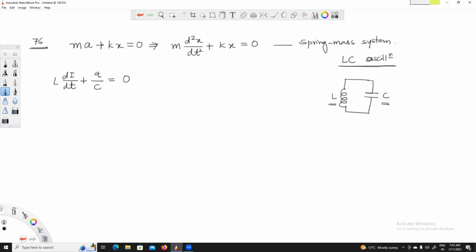Now if I differentiate this expression with respect to t, L is a constant. I get L d2I over dt square plus 1 upon C, a constant, times dq over dt, equal to the derivative of 0, which is 0.